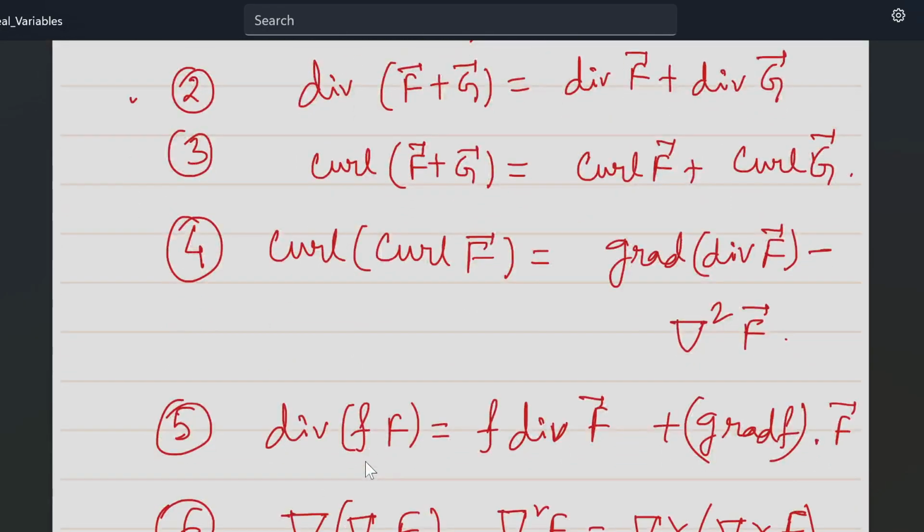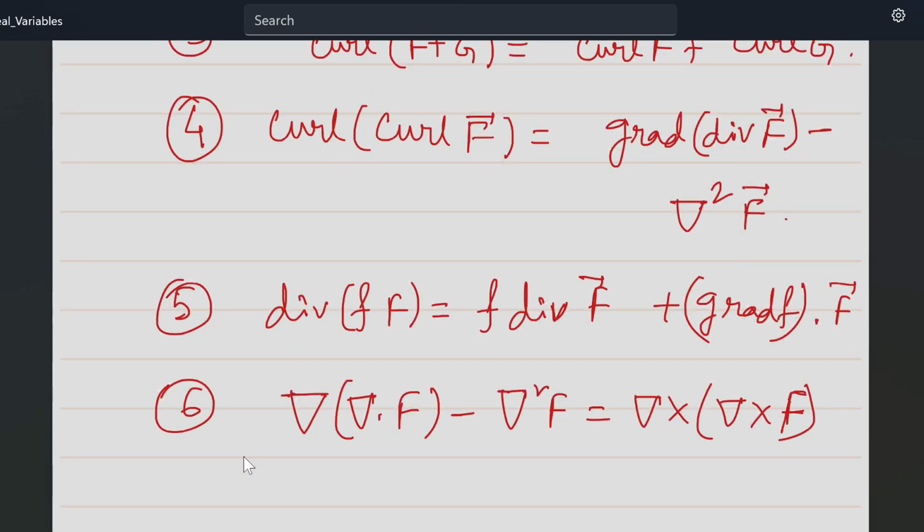Using 4, can you prove 6 using 4? Oh, 4 and 6 are actually the same. That's what I want to say.